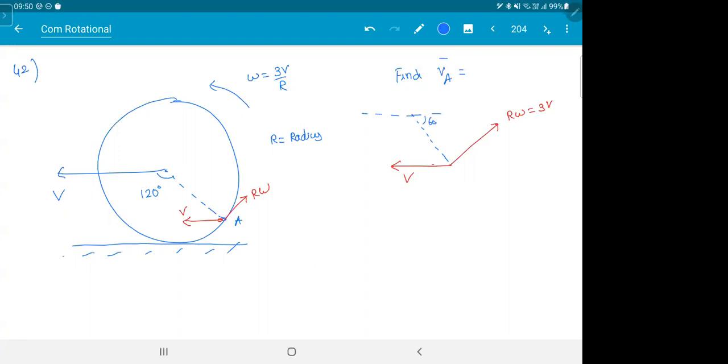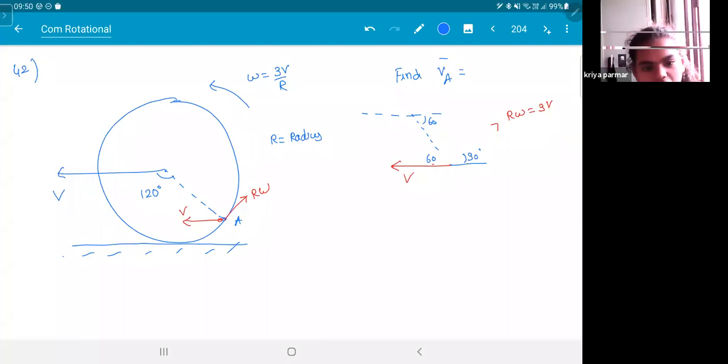Meaning this was 60. That was 60, so this was 60. This is 90, so this is 30. Are the angles fine? Right? But that is not the bisector, no? No, it's not the bisector.